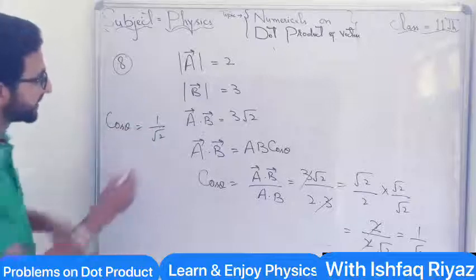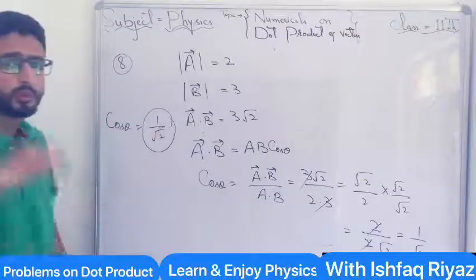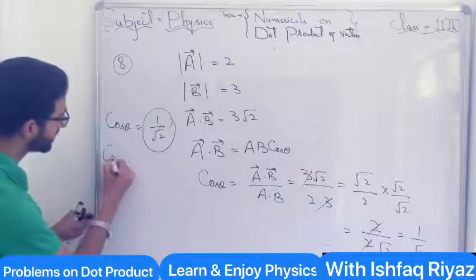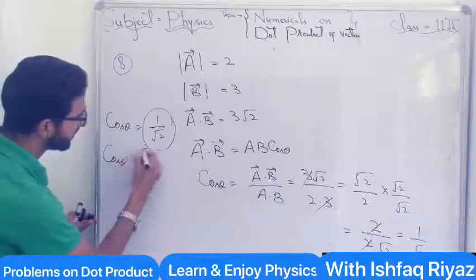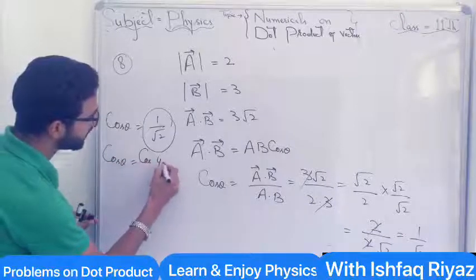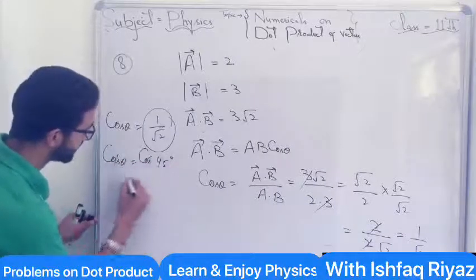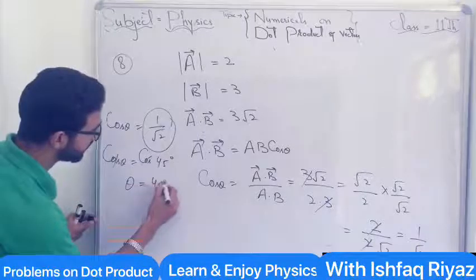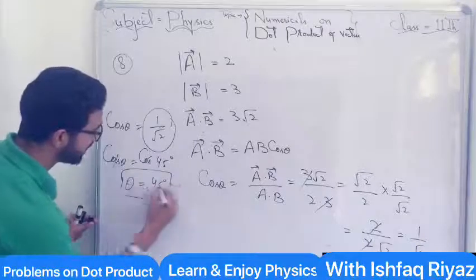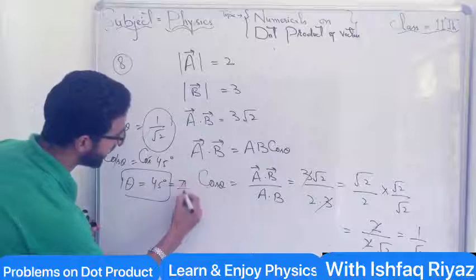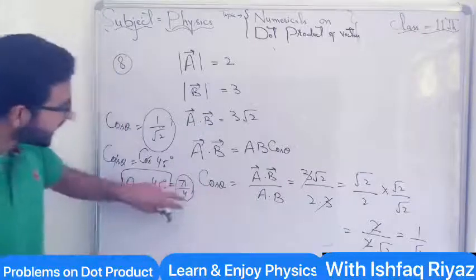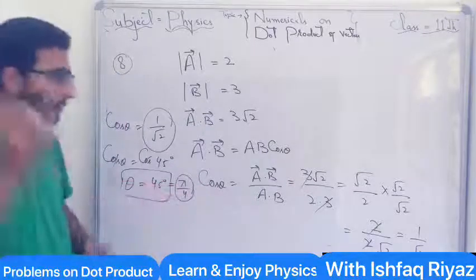This is basically cos of 45 degree or pi by 4. So cos of theta is equal to cos of 45 degree, so simply theta is equal to 45 degree, or you can write it as pi by 4. So the angle between the two vectors is 45 degree.